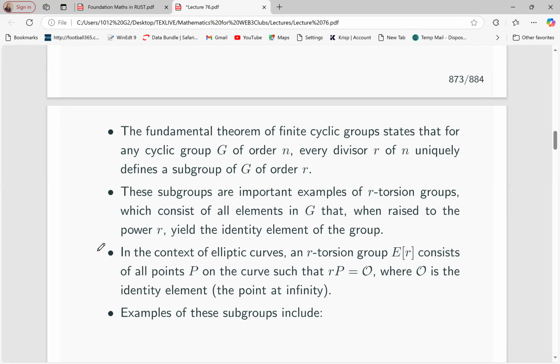It says that given any cyclic group G of order n, every divisor r of this order defines a subgroup, and that subgroup will be of order r.